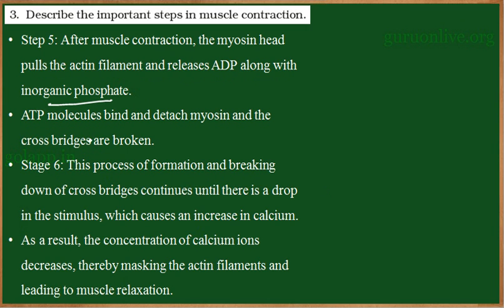And when the calcium level decreases, when there is a drop in the calcium level or when the signal ends, the troponin which is bound to the calcium separates and it will mask the binding site present on the actin filament. So the myosin binding site is hidden again and the muscle contraction will stop, and this stage is called muscle relaxation.